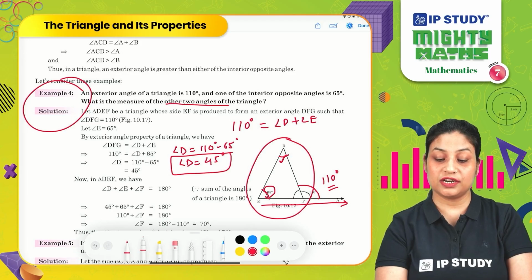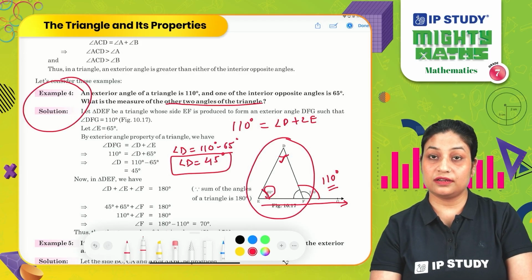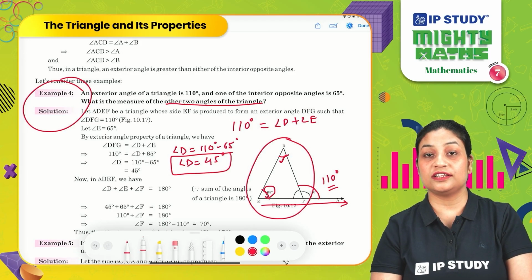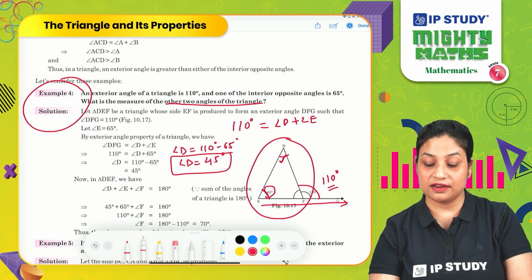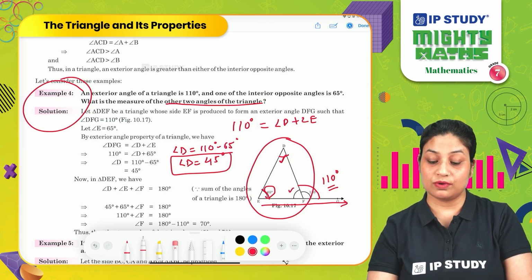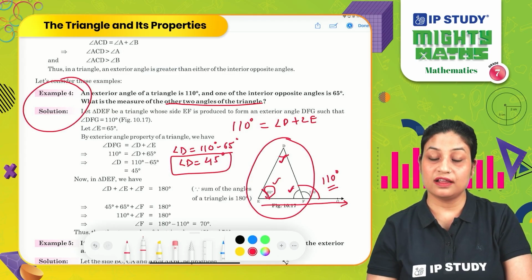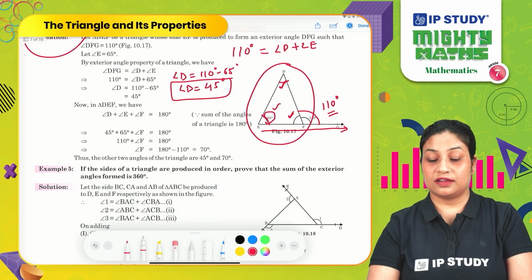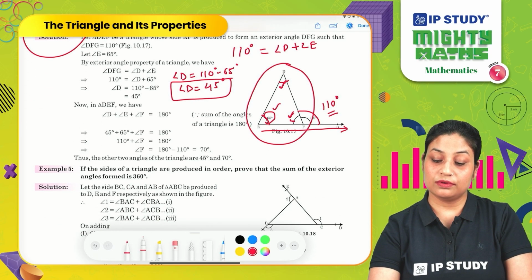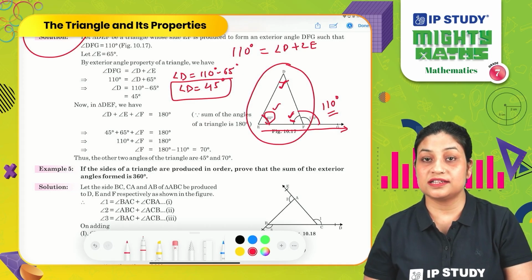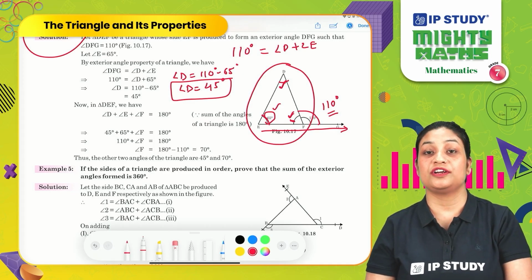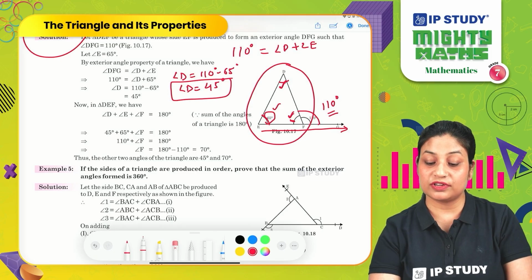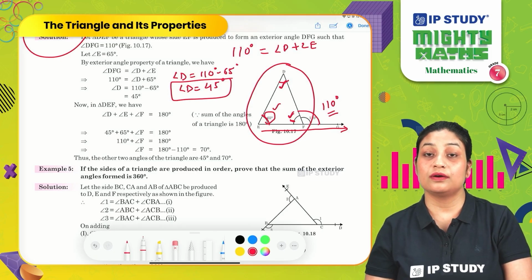So I got my angle D, which is 45 degrees. In the question, it was asked to find the value of the unknown quantities in this triangle, that is angle D and angle F. We know the value of angle D and angle E. Now what is left is to find the value of angle F. How am I going to do that? I will apply the angle sum property of a triangle, according to which the sum of the three angles of a triangle is 180 degrees.